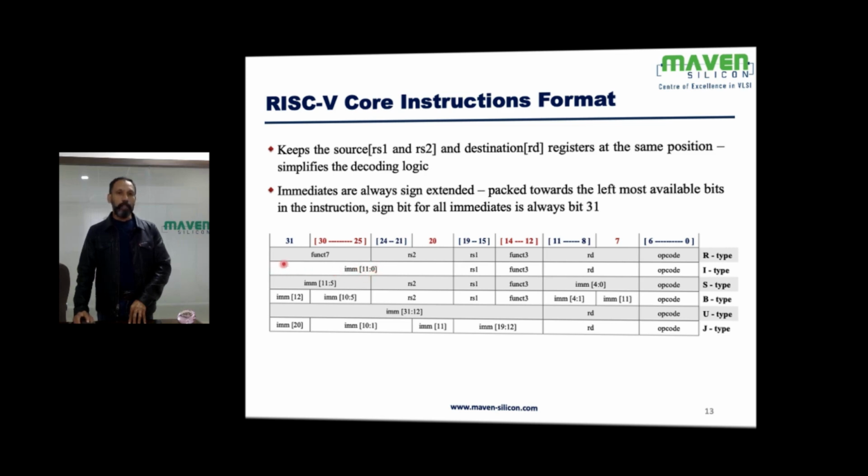The sign bit will always be bit 31. All immediates are always sign extended and they are packed towards the leftmost available bits in the instruction, which is nothing but bit 31. So we are going to use bit 31 and do sign extension.